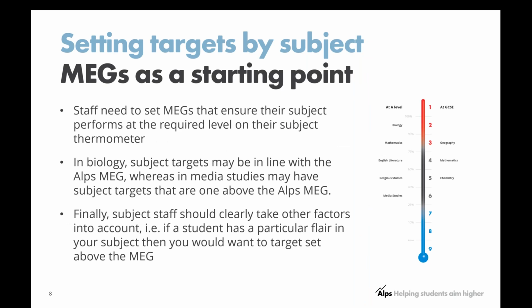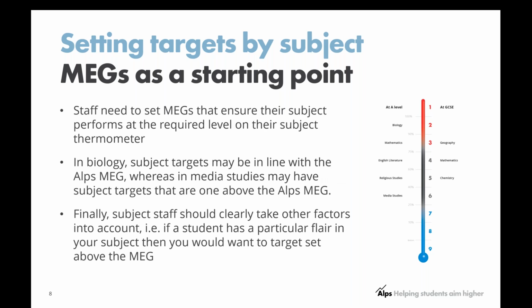What I've now got to do is look at my unique thermometer, look at their MEGs, and target set in line. As I said, I'm a biology teacher, so I know that a score of 1, i.e. all MEGs reached, is going to get me red hot. So I might target set at a subject level at the MEG.